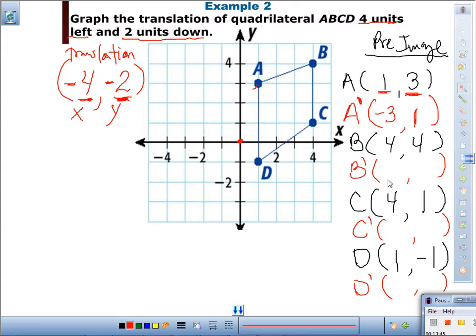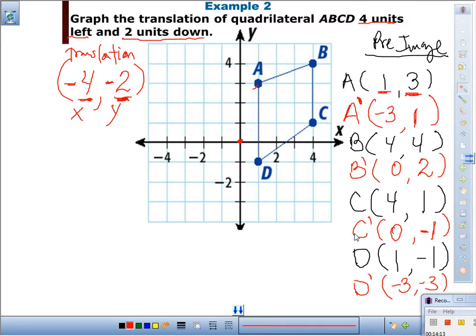Yair. 0, 2. That is correct. C prime. Abraham. 0, -1. That is correct. And D prime. Julian. -3, -3. That is correct.